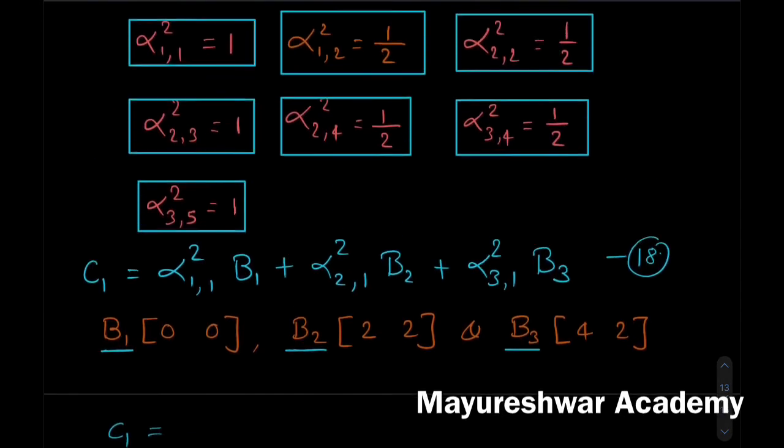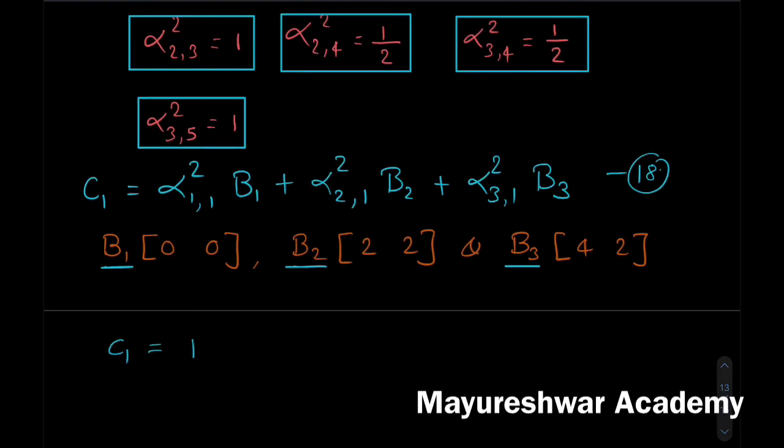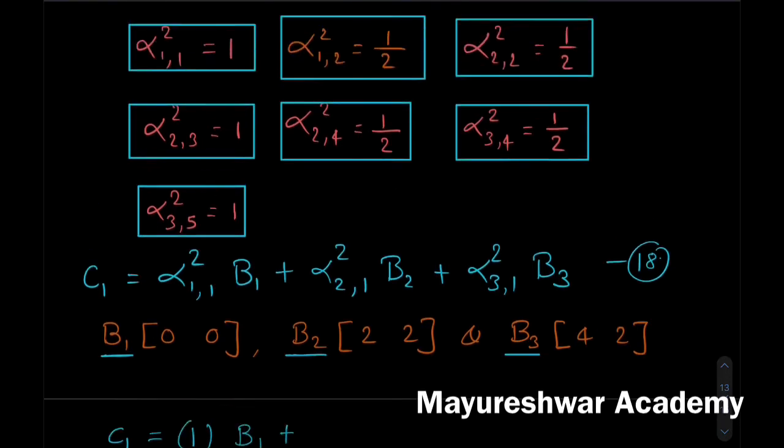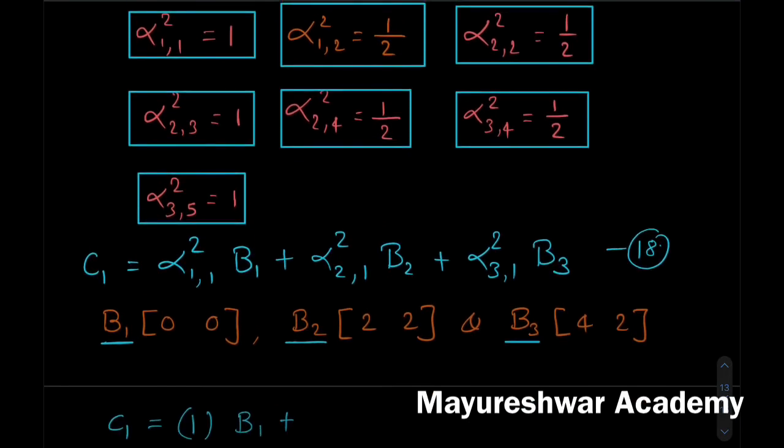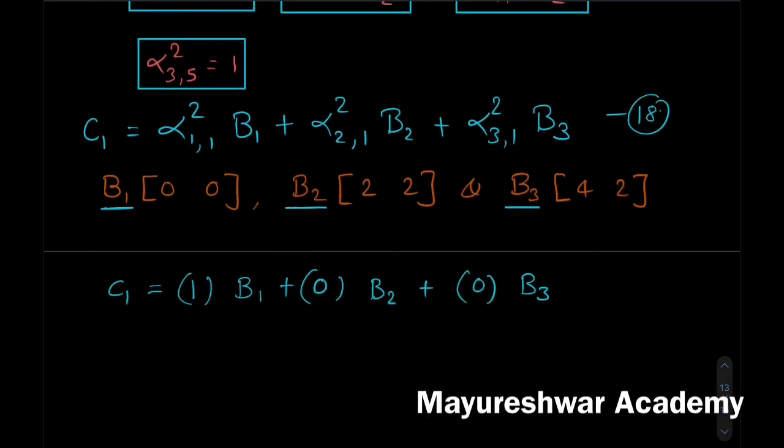So C1 is equal to alpha 1 comma 1, which is unit value, times B1, plus alpha 2 comma 1 is not there, so that means it is 0, times B2, plus alpha 3 comma 1 is also 0, times B3. So this gives C1.